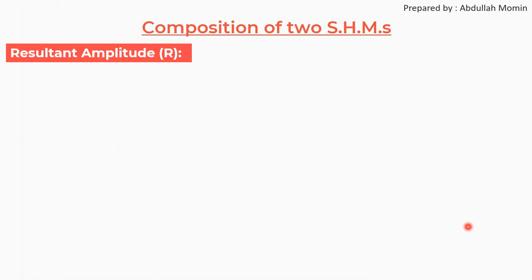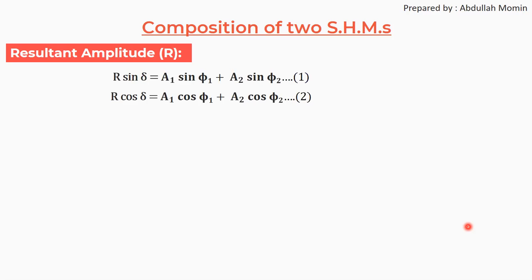So now we are going to derive the equation of resultant amplitude r. So by using equation 1, which is r sin delta is equal to a1 sin phi 1 plus a2 sin phi 2, and r cos delta is equal to a1 cos phi 1 plus a2 cos phi 2.